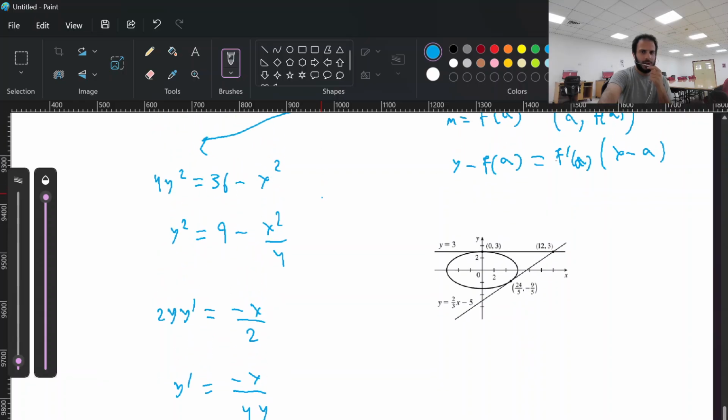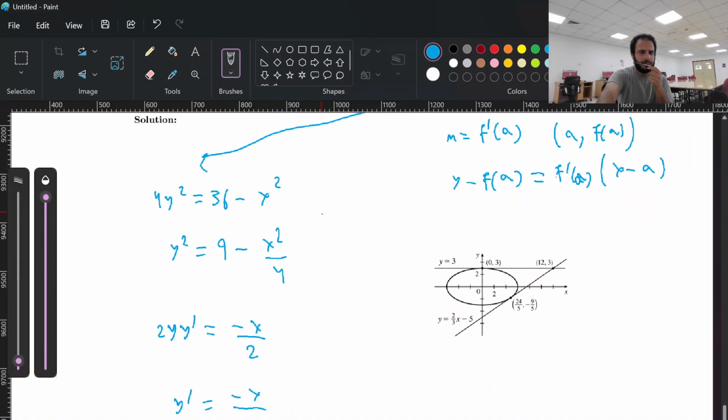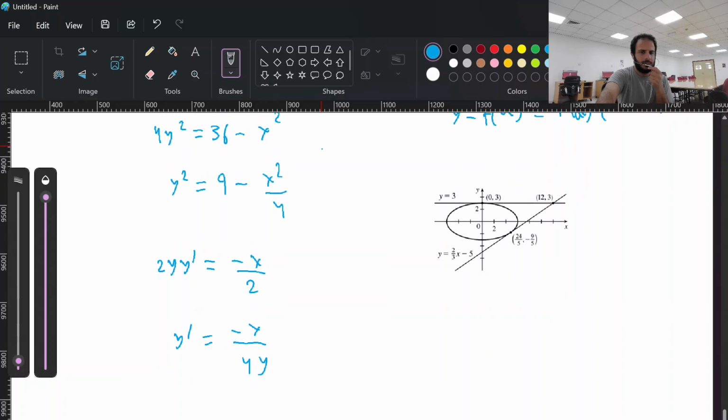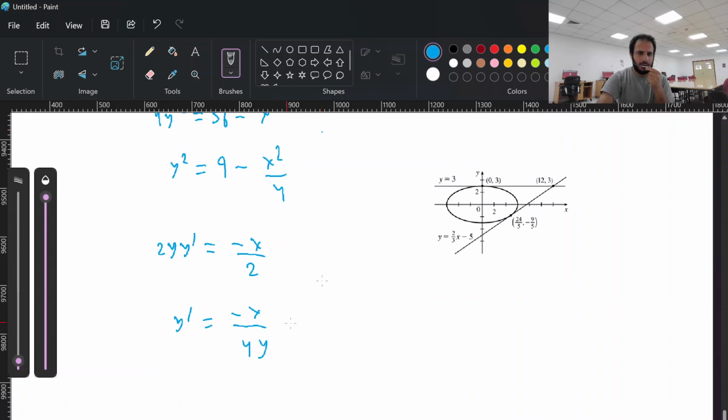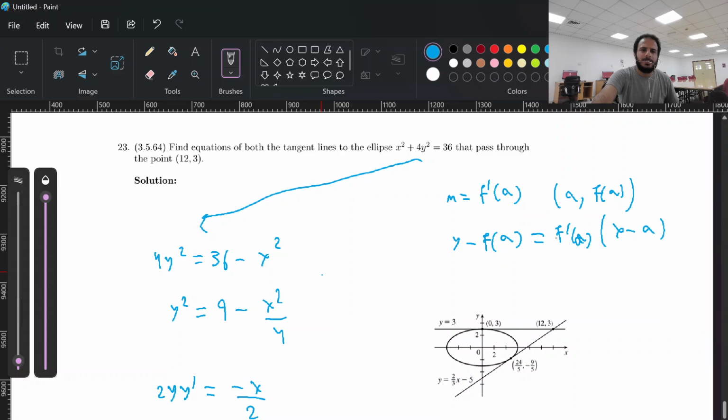Now, we need to substitute 12 and 3, right? So x equals 12, y equals 3. The slope is minus 1, correct? Yes, minus 1. And then you have your slope, and then you can just substitute into the equation of a tangent, and you should be done.